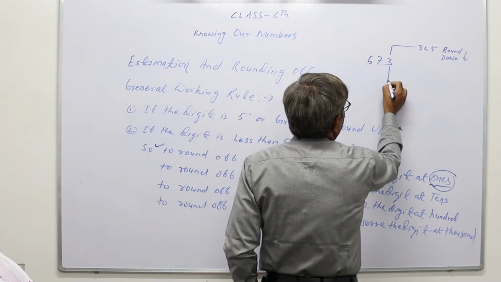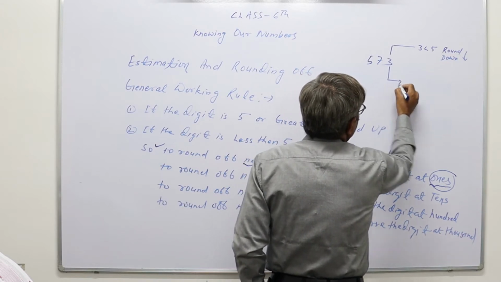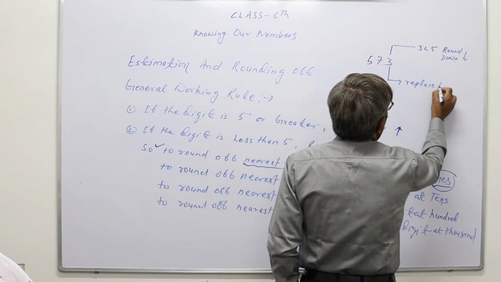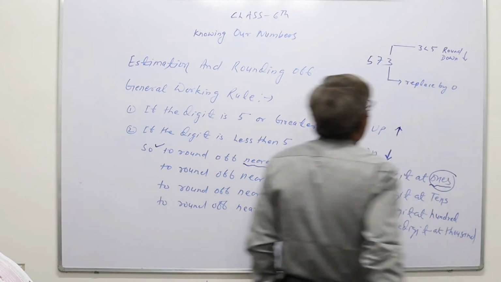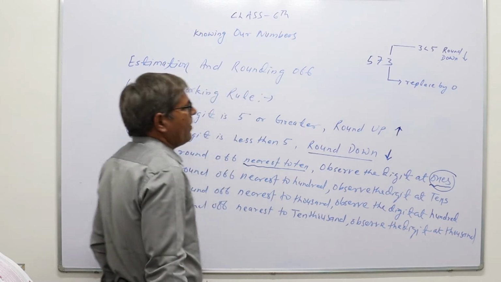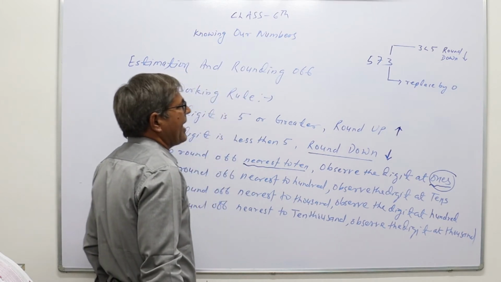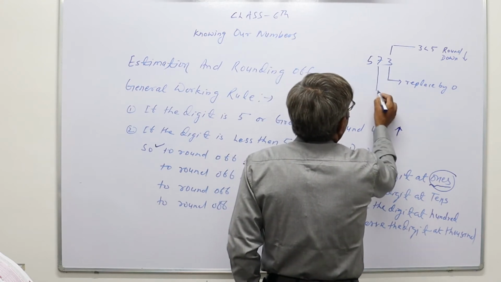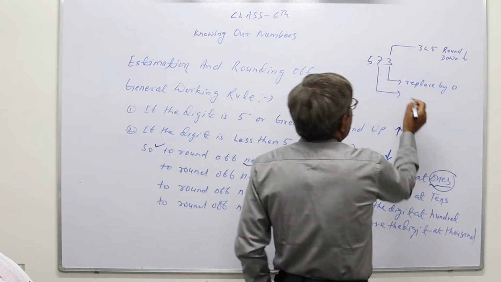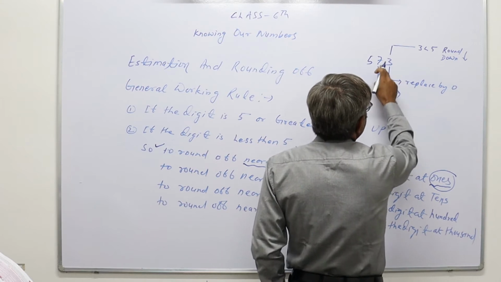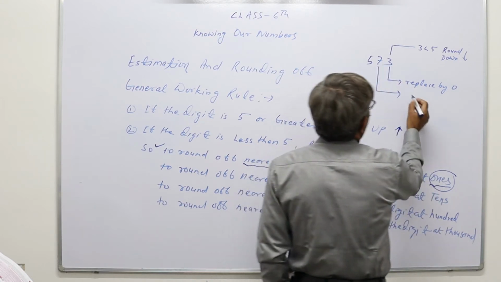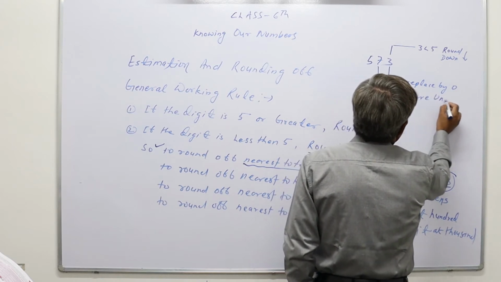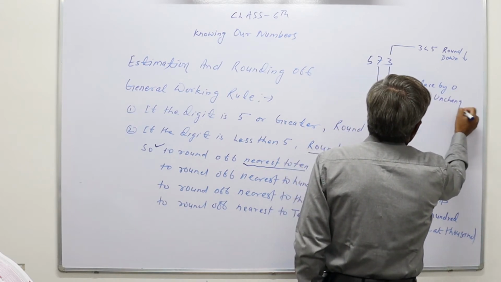Now, in rounding down, what will we do? This digit 3 at the ones place will be replaced by 0, and in the case of replacing by 0 and rounding down, the tens digit will be left unchanged. So, this tens digit 7 will be left unchanged.